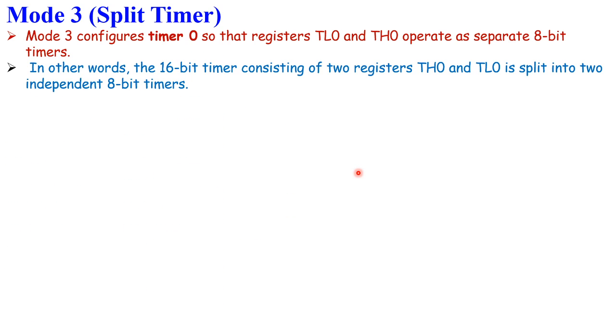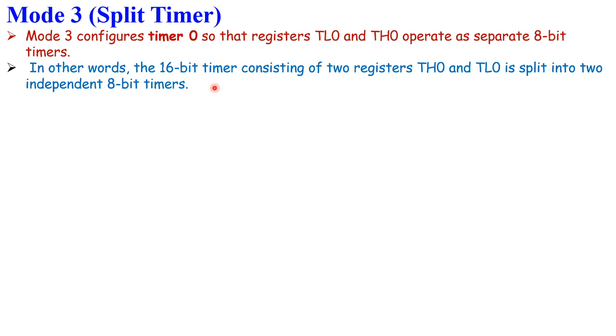Now split mode, timer mode 3. Configure mode 3 for timer 0, so that registers TL0 and TH0 operate as separate 8-bit timers. In other words, the 16-bit timer consisting of the two registers TH0 and TL0 is split into two independent 8-bit timers.